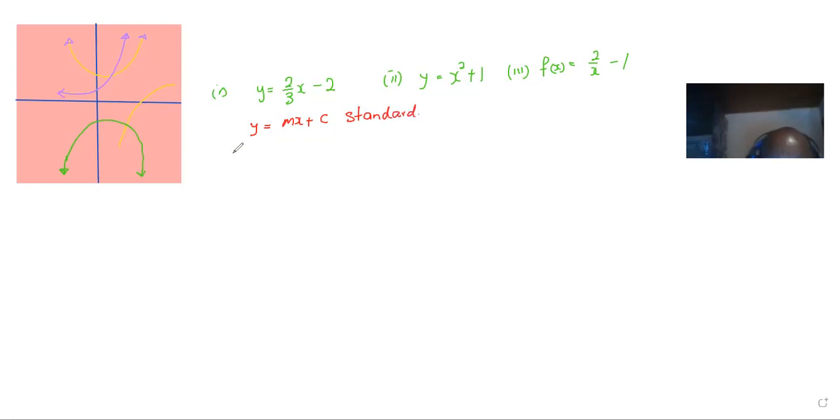Now, for this function, one, we need to get the x-intercept and the y-intercept. Then you can draw a graph. Let's start with the x-intercept.